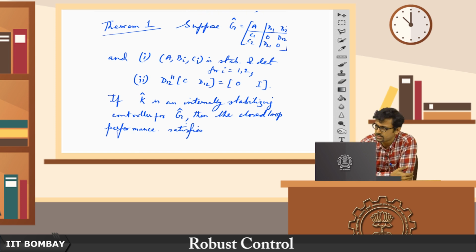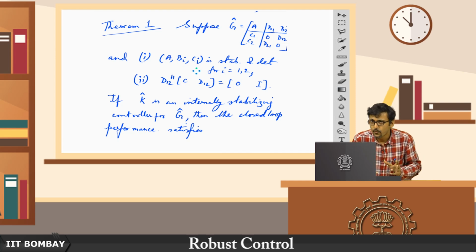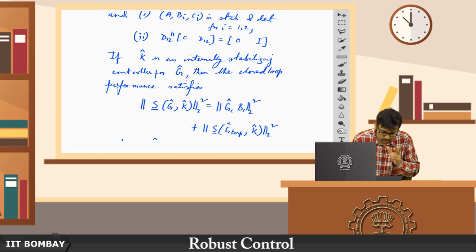The bare minimum we ask from this plant is that A, B1, C1 is stabilizable and detectable, A, B2, C2 is stabilizable and detectable, and the fact that D12 Hermitian C1 D12 is equal to 0 I. Yeah, this is given. Unless this is given, we cannot do much. Okay, so this is the bare minimum which is given to us.